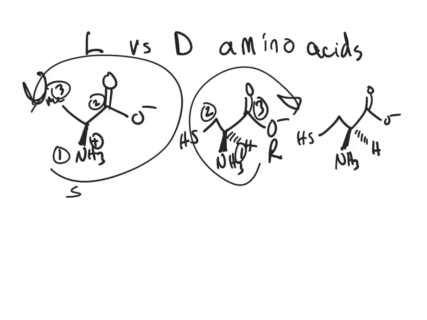If you take this and you look down the middle of this bond here, this nitrogen, I'm going to circle, is going to be coming up at you on the left, versus this hydrogen here is going to be coming up at you on the right.